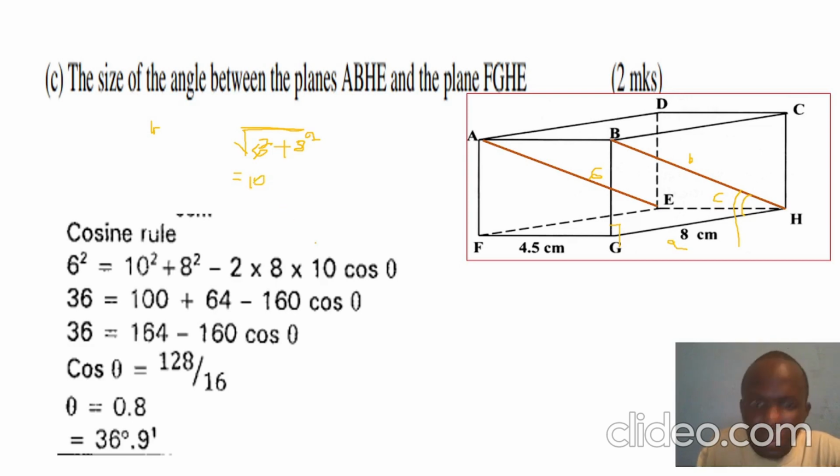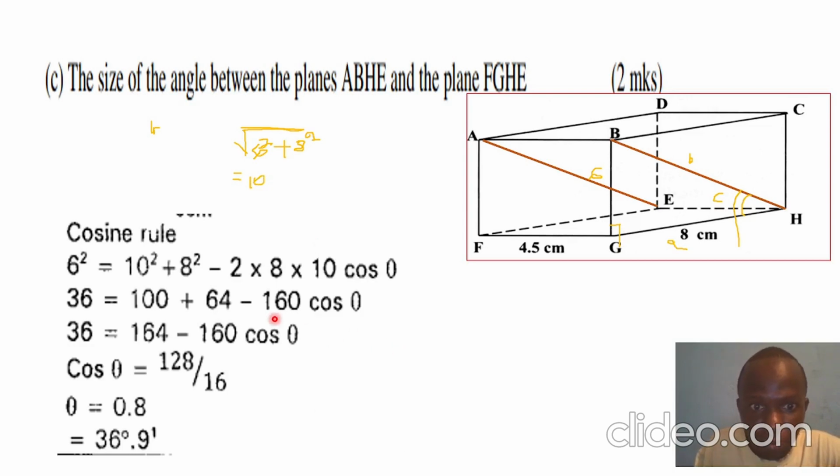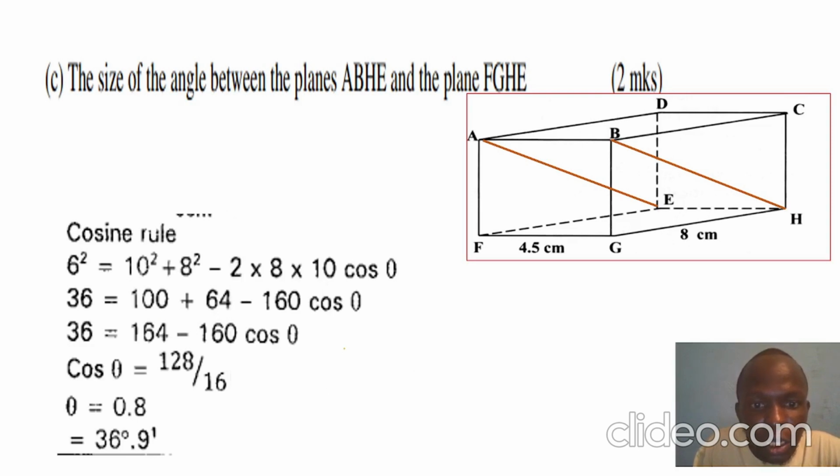And in the solution here, we have used the cosine rule relationship. Treat this 6 as our c, b is 10, and a is 8. And this is the cosine rule, but there's a shorter method to this, and this is the method that I urge us to use.